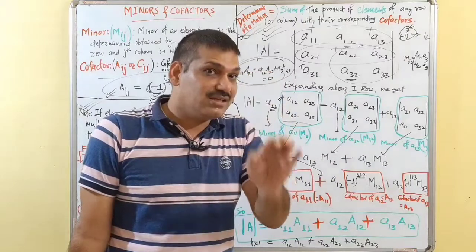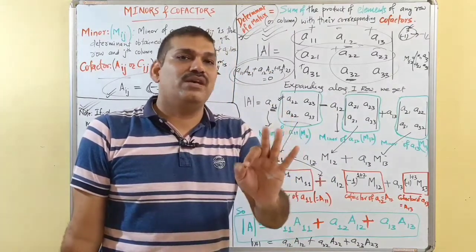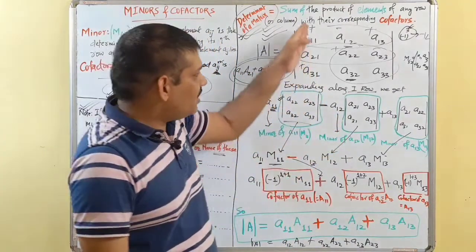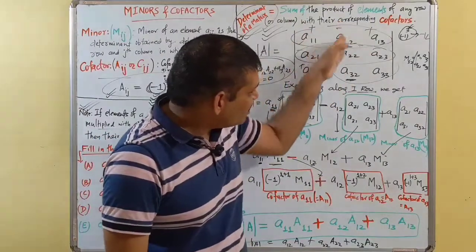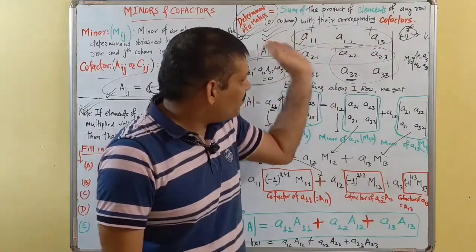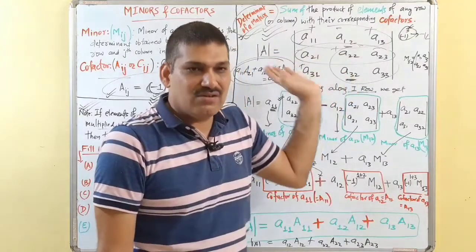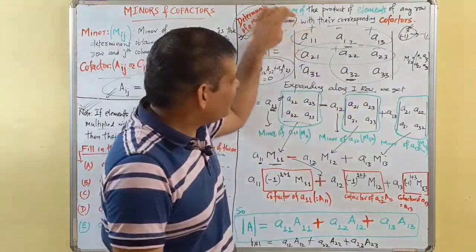Then it is neither 0 nor equal to the value of the determinant, because a determinant can be expanded along the first row, second row, third row, or the first, second, or third column, but we cannot expand it diagonally.